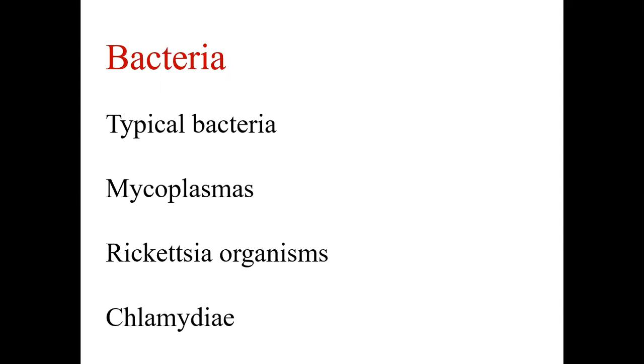These are called the reticulate and elementary bodies. This is a specific and unique feature of chlamydia. Chlamydia are the only bacteria that have a developmental cycle composed of two forms. Other bacteria reproduce by binary fission. They also depend on the host cell for ATP production.